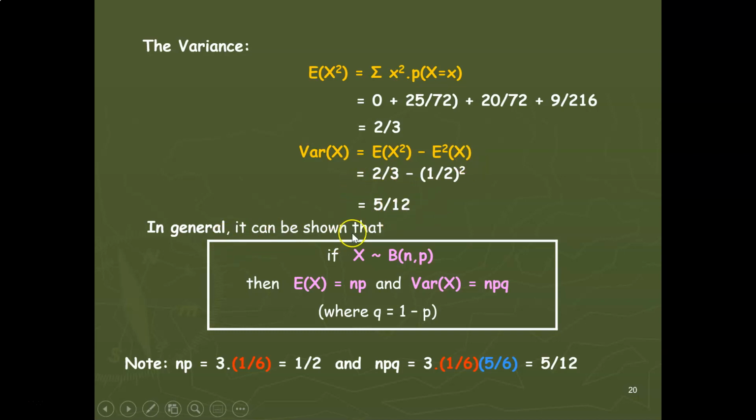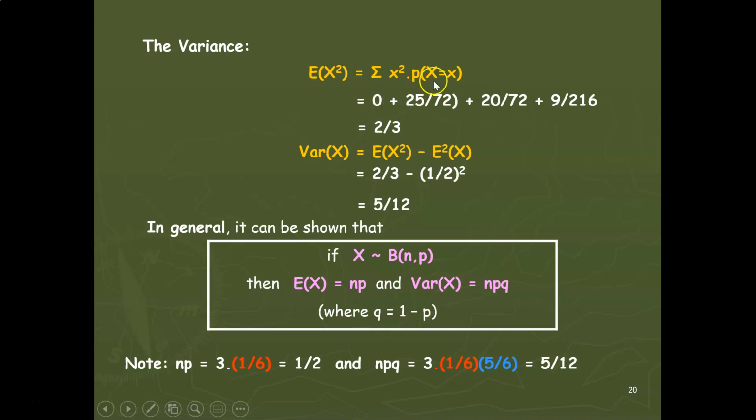In general, it can be shown that if X follows a binomial distribution with n and p, then the expectation of X equals np, and the variance of X equals npq, where q equals 1 minus p. So it can be both ways. You can obtain your expectation, your mean and variance using either way.